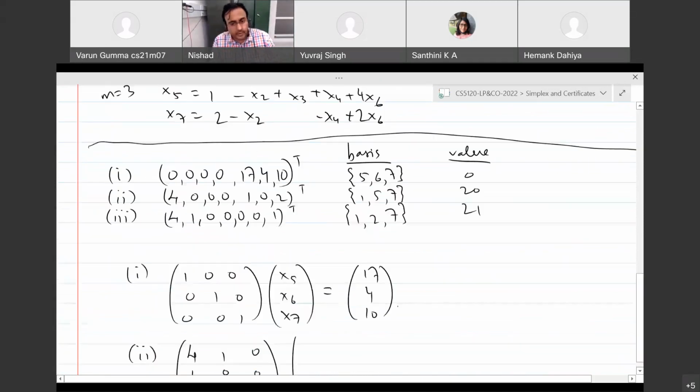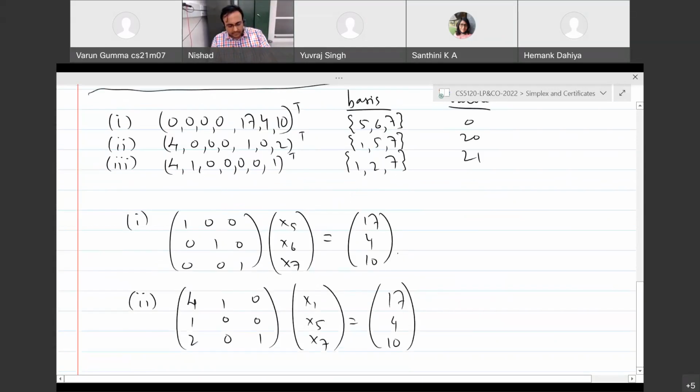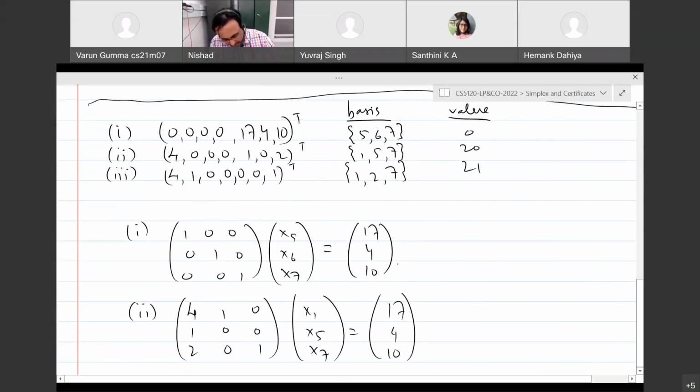And you have the entries 1, 5, and 7. And the right hand side is as it is. If you solve this system, you will get exactly x1 equal to 4, x5 equal to 1, and x7 equal to 1.